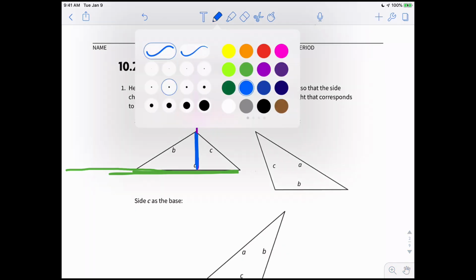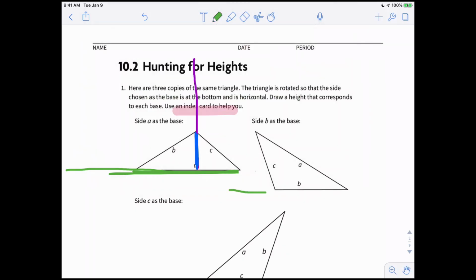So we're going to extend the base. Oops, I did not do a good job of drawing it. There it is. Then, of course, let's do our height finder, and it's just a perpendicular line of arbitrary length. I'm going to drag this across my triangle till I get to the highest portion of that triangle. Boom.